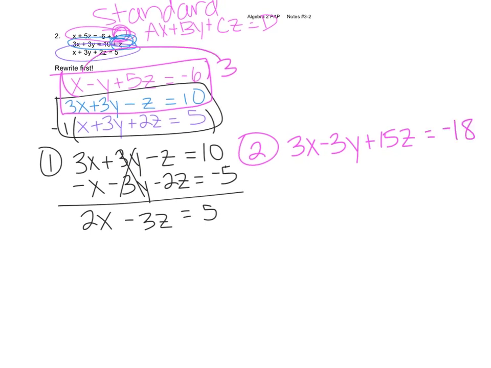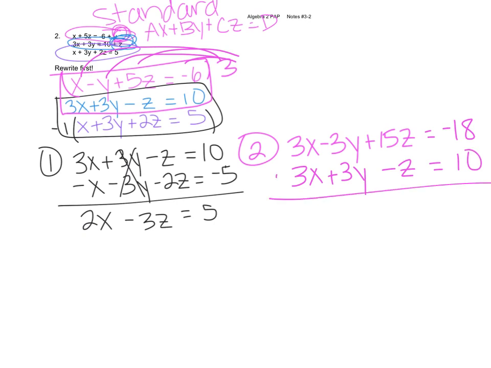So I went ahead and distributed the 3 to all of those terms. And then I'm going to write down that second equation. 3x plus 3y minus z equals 10. So I'm going to combine those. That's 6x, y's cancel, plus 14z equals -8.